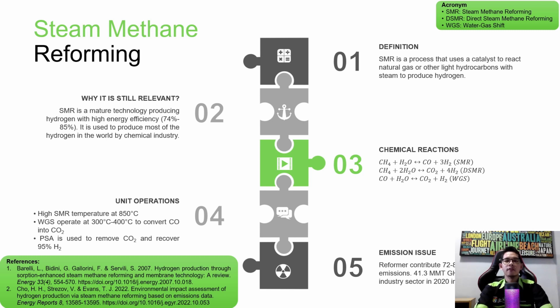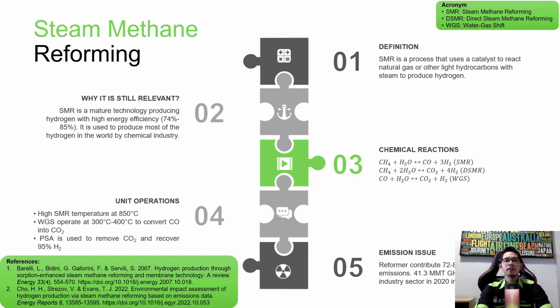Three reactions are found in the SMR process, two of them in the SMR reactor, which are SMR and DSMR. The feed of methane will react with the steam to produce an intermediate product, carbon monoxide and hydrogen. The second reaction, direct steam methane reforming, uses methane and steam to produce carbon dioxide and hydrogen.